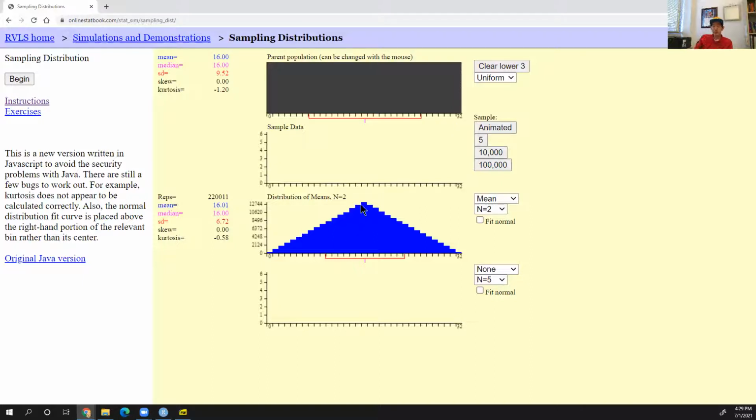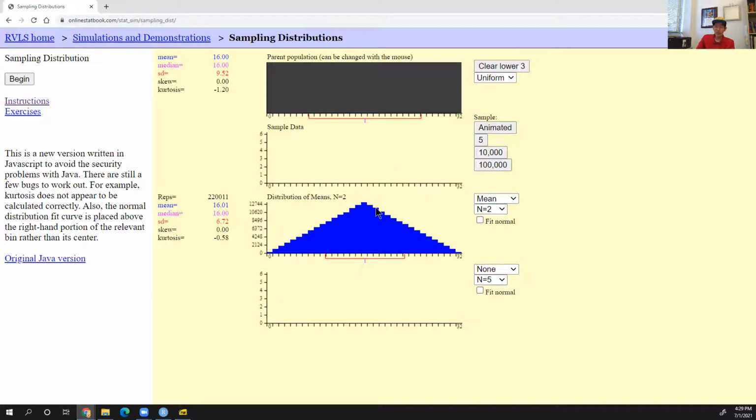How many ways are there to get an average of, say, 16.5? If there's 33 ways to get an average of 16, there's 32 ways to get an average of 16.5. You need to get 0 and 31, 1 and 30, 2 and 29, and there would be a total of 32 ways.